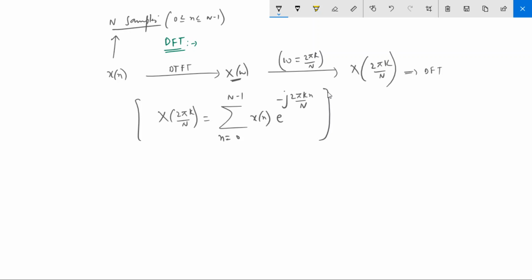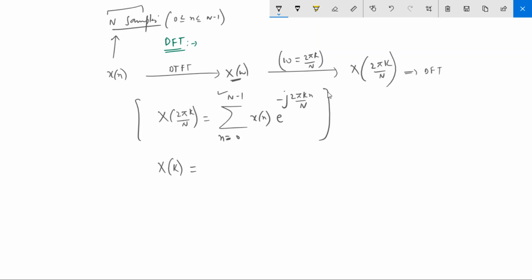Okay, the summation of n from 0 to n minus 1 I have just taken because the signal input is of finite length n samples. Beyond that, everything will be 0 automatically. Many times we write simply X[k] in place of X(2 pi k by N).